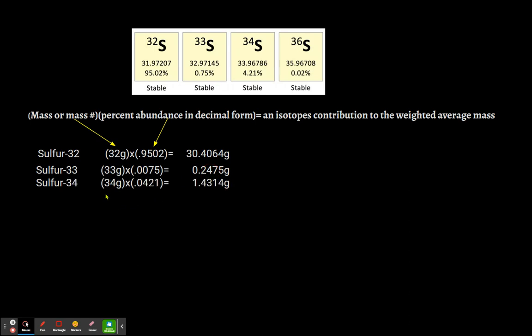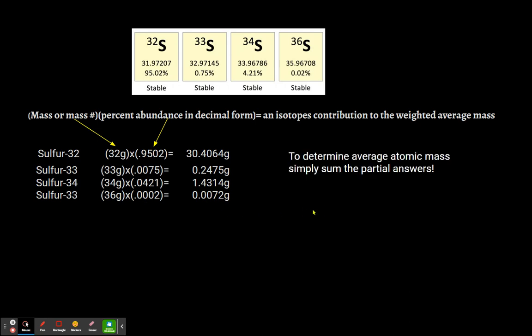For sulfur 34, the mass number 34 times the percentage abundance in decimal form, 0.0421, to get this contribution. And then finally, sulfur 36, the mass number, times 0.0002, expressed as a decimal, will give this contribution to the overall mass.